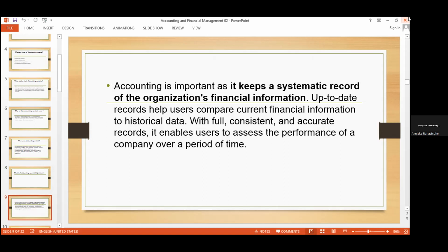We want our transaction information kept in a systematic record system. That is what we call financial statements.